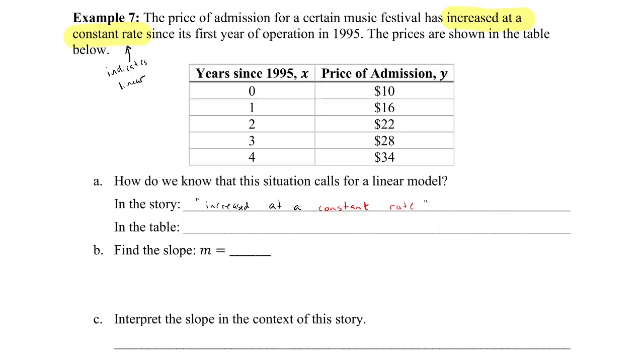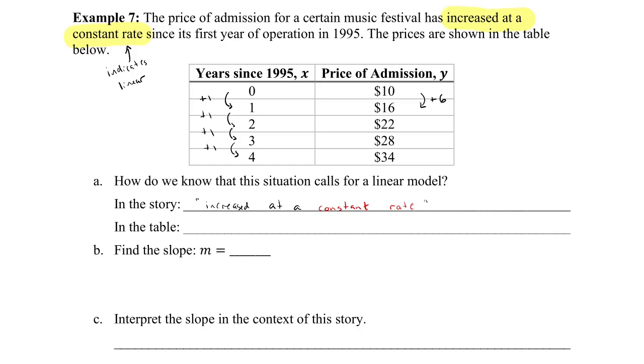Okay, we can also observe in the table that every time we go down a row, our input increases by 1. Our output, it looks like it increases by 6, right?